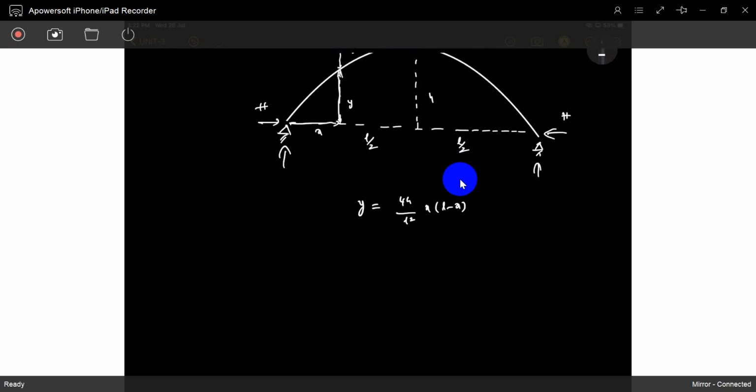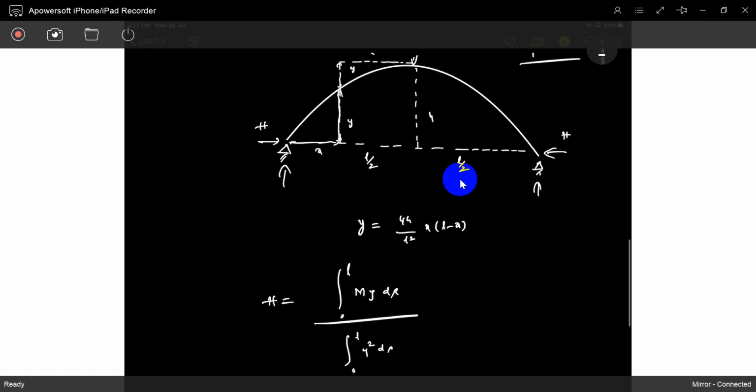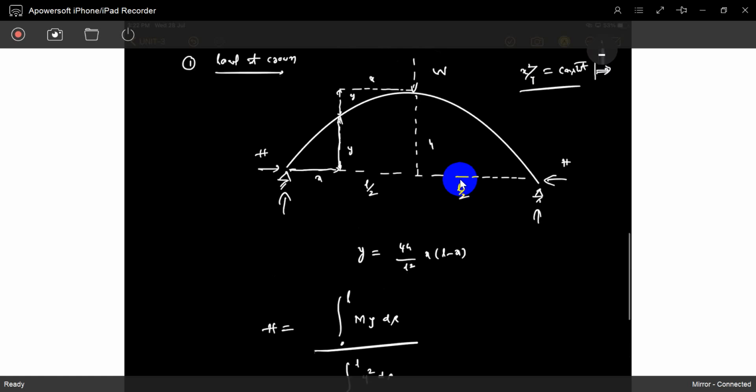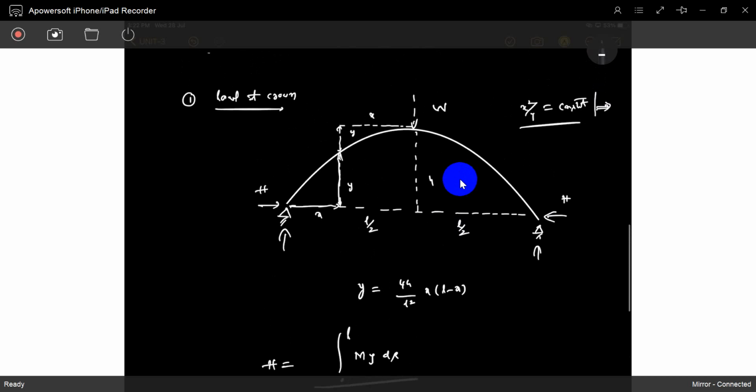Same situation: H is equal to the integral of M y ds over L divided by the integral of y square ds over L. So first we will do this problem. With W acting, the reactions are W by 2 and W by 2.